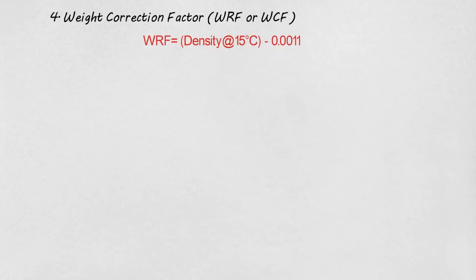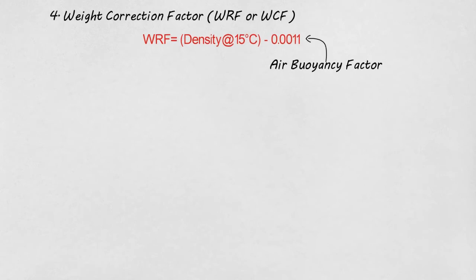Now coming to the weight correction factor, the WCF. For the WCF, you will have to subtract the air buoyancy factor, that is 0.0011, from the density at 15, the product density at 15 which you have calculated from table 53B.